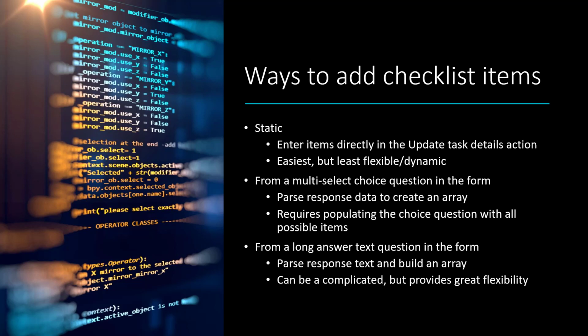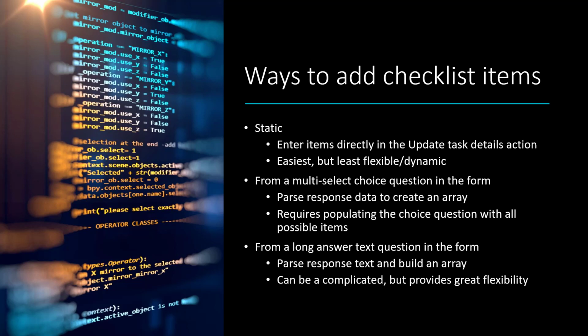But based on that instruction, whatever we tell them to use as a separator, we can then parse that response text, build the array, and assign the array in that update task details action. So that's the way we're going to go. And these aren't the only three options, but these are the three most common, the three that jump to mind first when you think about what Forms can do and what Power Automate can do.